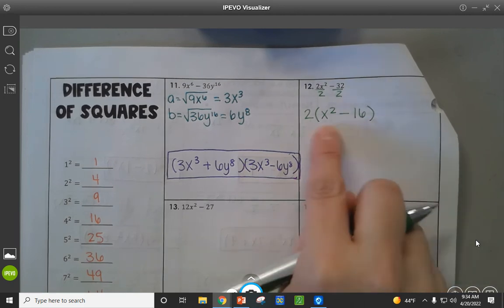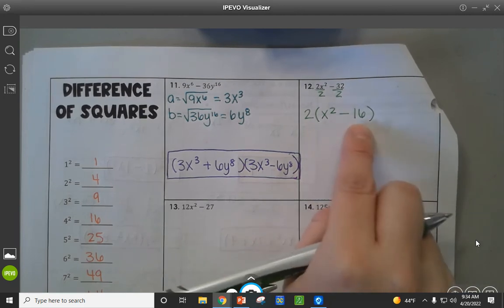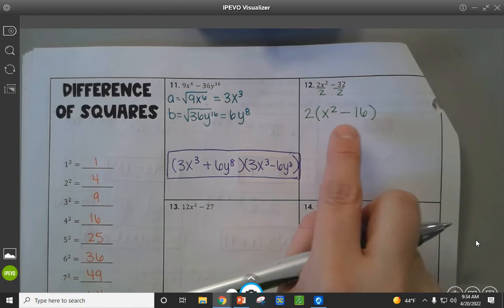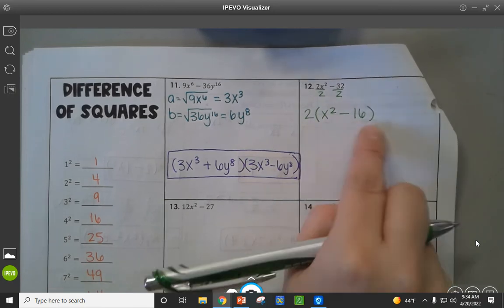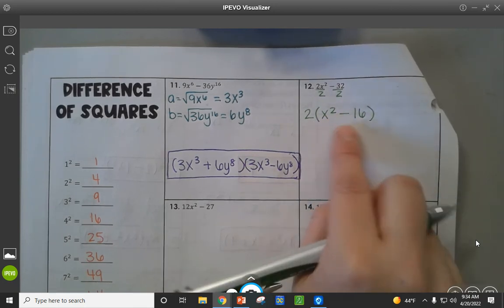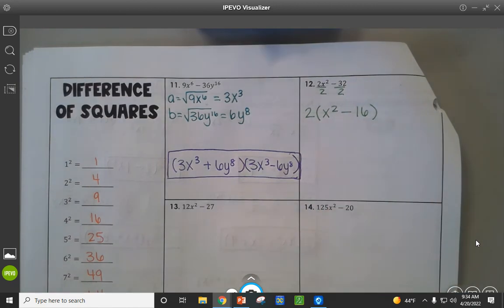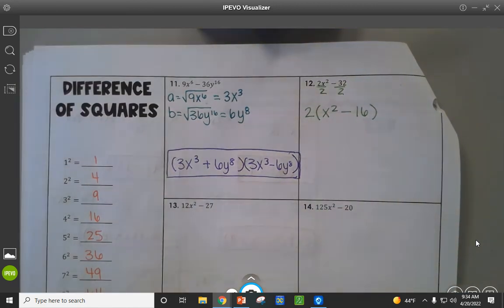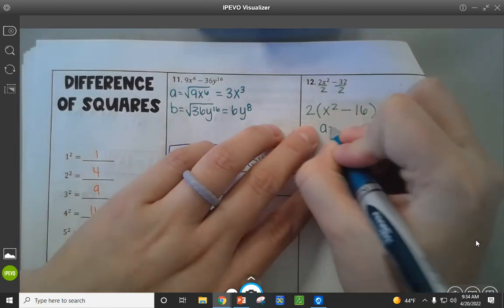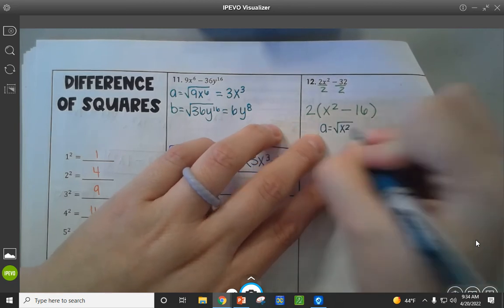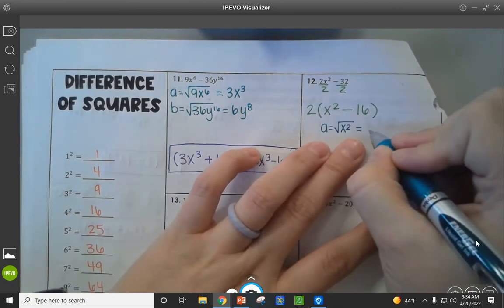What I have in parentheses, are those perfect squares? Yes. So when I do my A and B, I'm going to base it on what's left here in parentheses. So my A is the square root of x squared, which is x.